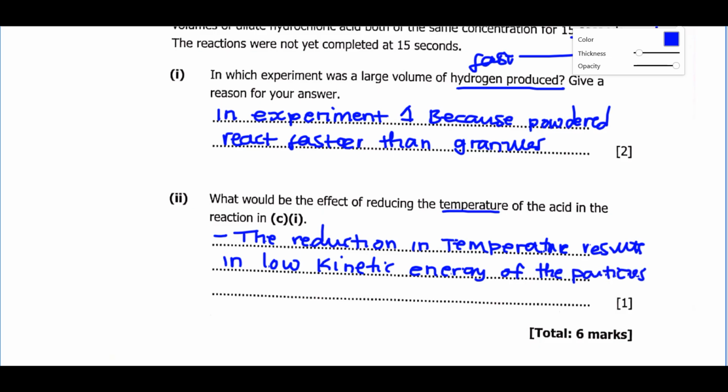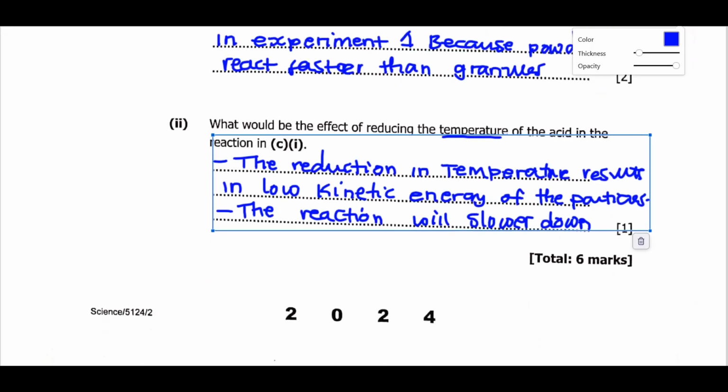So as long as the kinetic energy reduces, then we can conclude by saying the reaction will slow down. So temperature is one of the factors that can make the reaction go fast or slow. The increase in temperature results in the speeding of the reaction and vice versa.